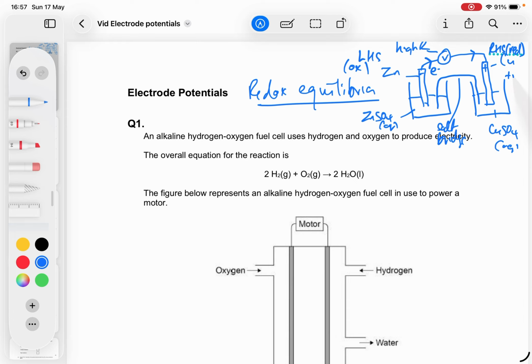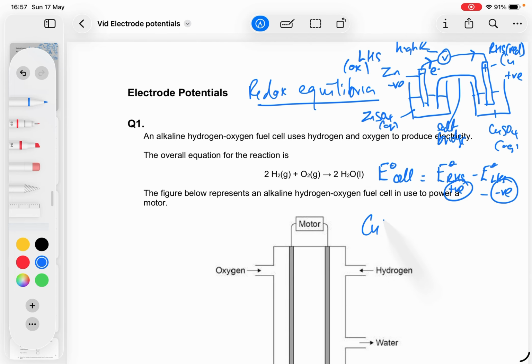Copper is the most positive side and zinc is the negative side, and the overall cell potential can be worked out by right hand side minus left hand side, or the electrode potential of most positive take away least positive or most negative. If you understand what I've just done, that's the whole topic. The concept is on that.